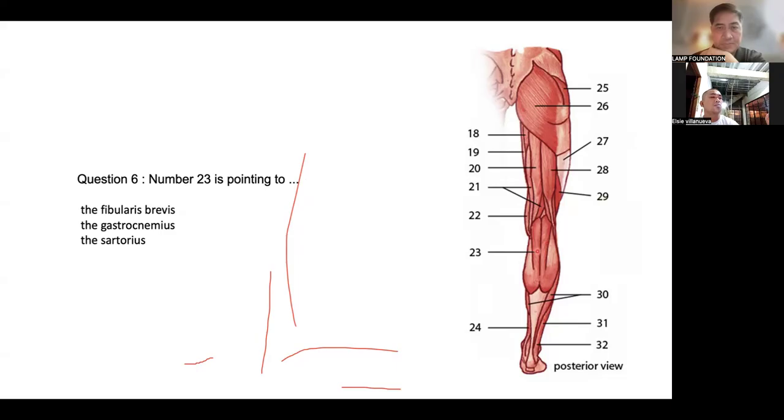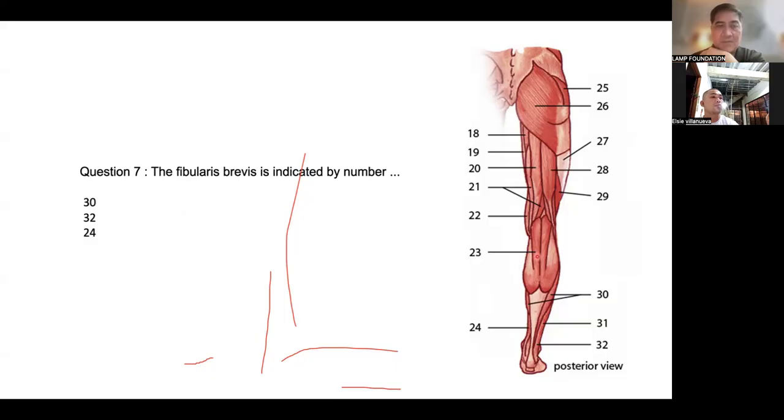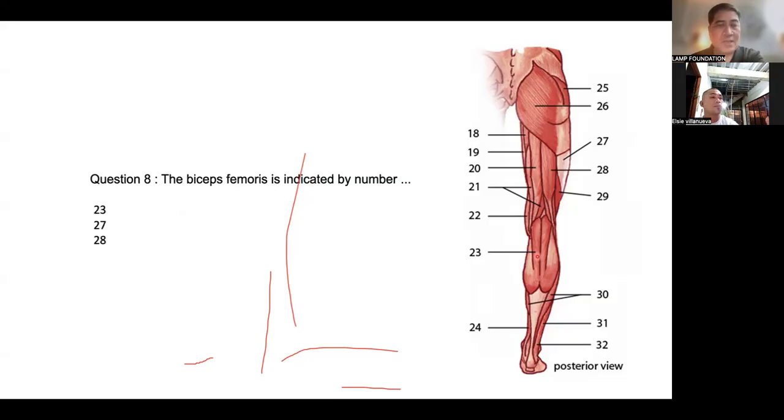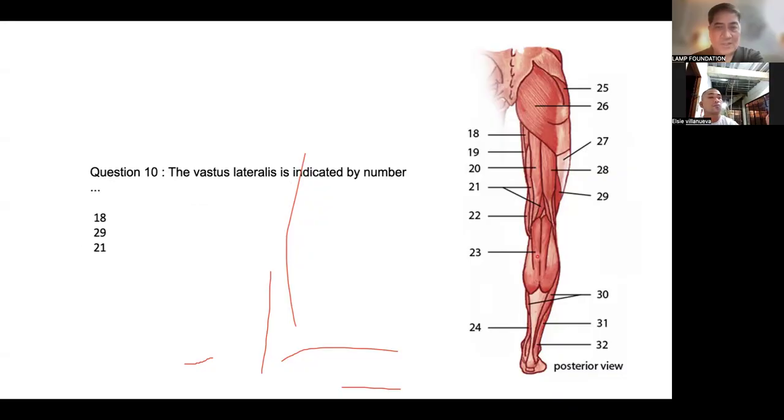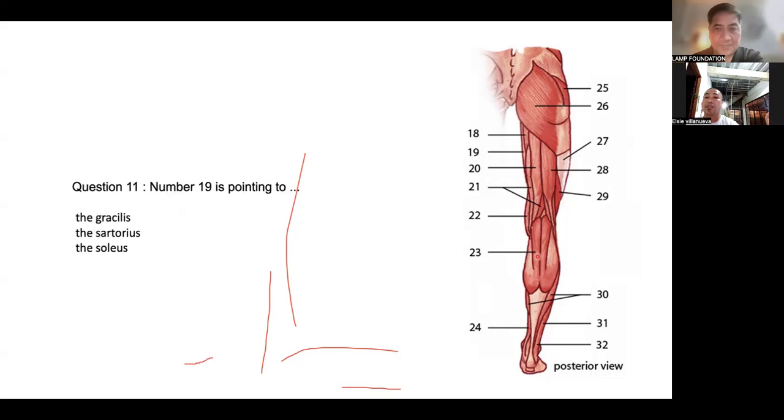Number 23, the gastrocnemius. Fibularis brevis is what number? Number 32. Biceps femoris, 28. Number 22, Sartorius. Vastus lateralis, 29.